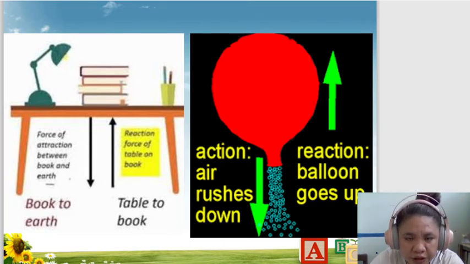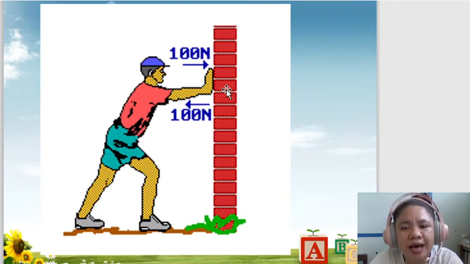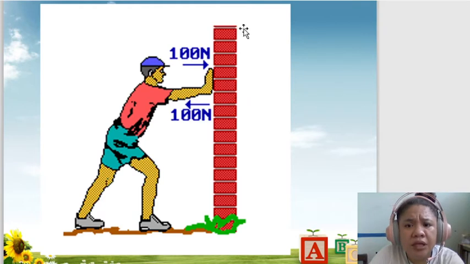Now let's take a look at this example again. Let's give quantities. This is a wall and this is a boy. The boy is pushing the wall using 100 newtons of force. Since Sir Isaac Newton said that for every action there is an equal and opposite reaction, and the boy's action is pushing the wall with 100 newtons, the wall also gives an opposite and equal reaction force against the boy.